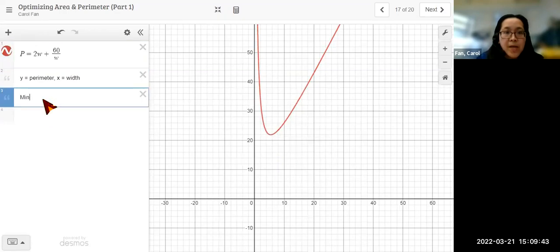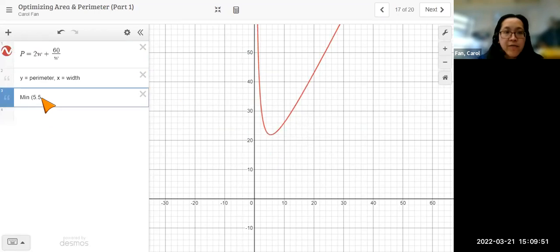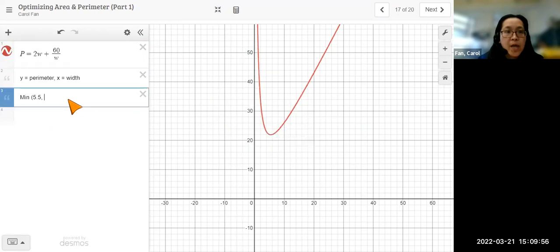Our minimum here, 5.47, let me round it to 5.5, and 21.9.